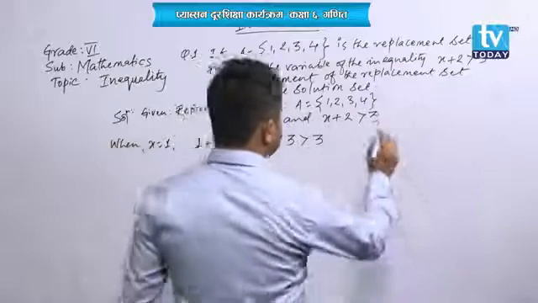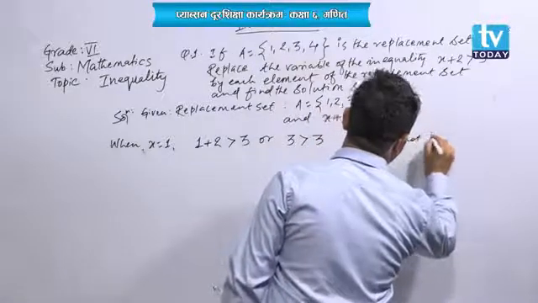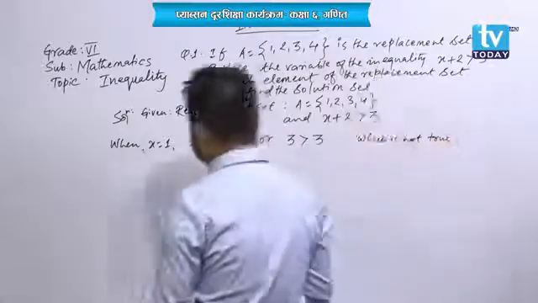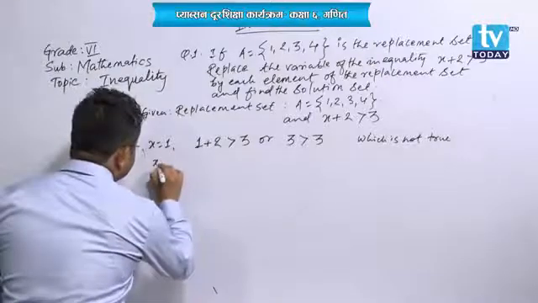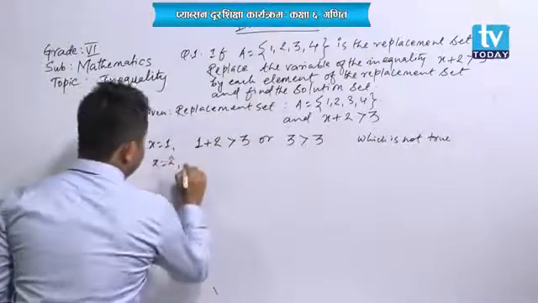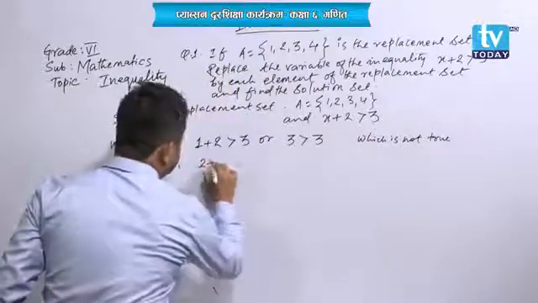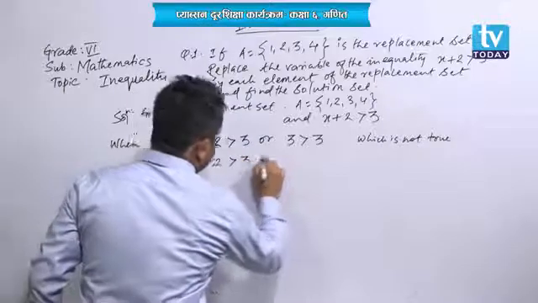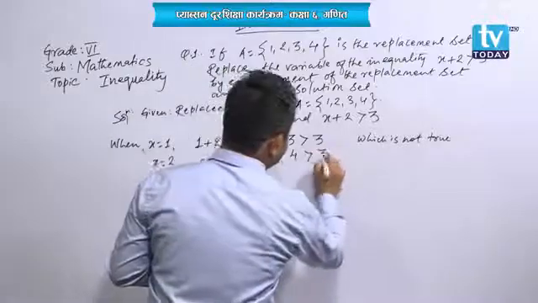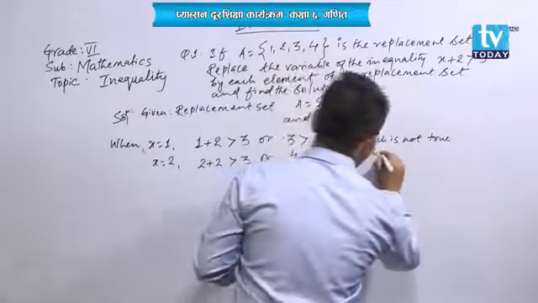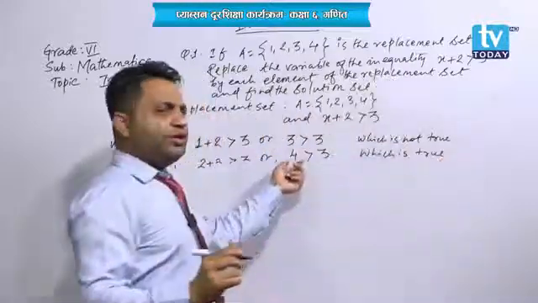That means this is false. When x equals 2, then 2 plus 2 is greater than 3, or you can write 4 is greater than 3, which is true, because 4 is greater than 3.